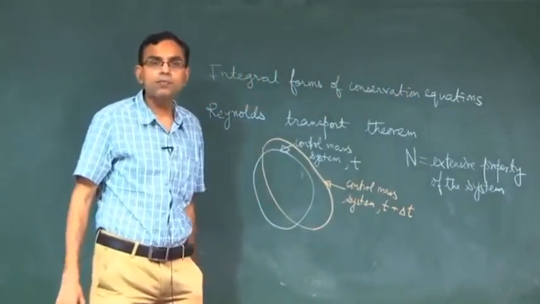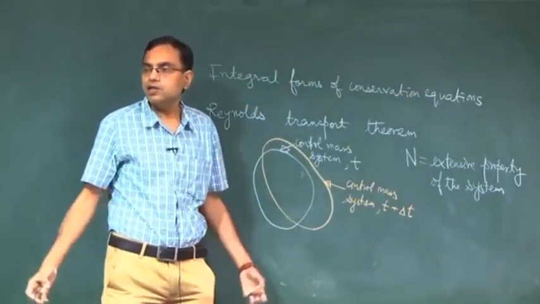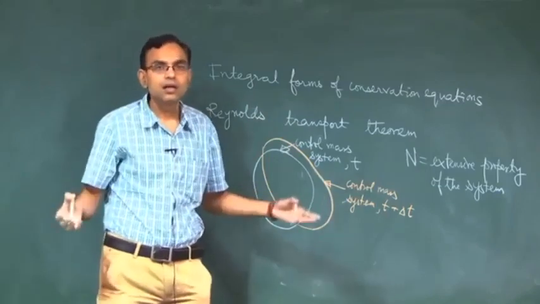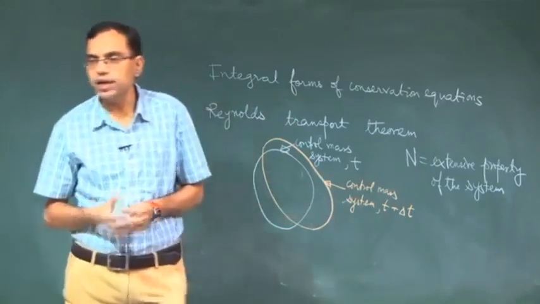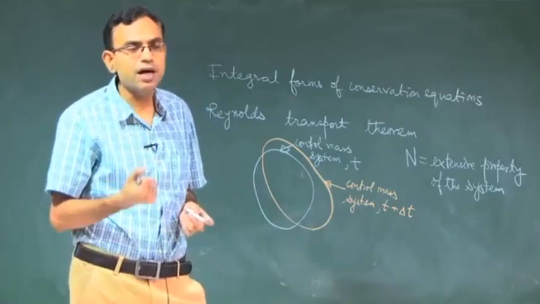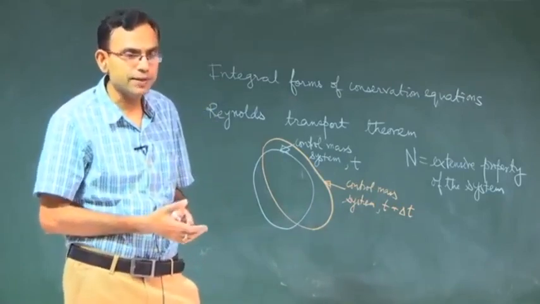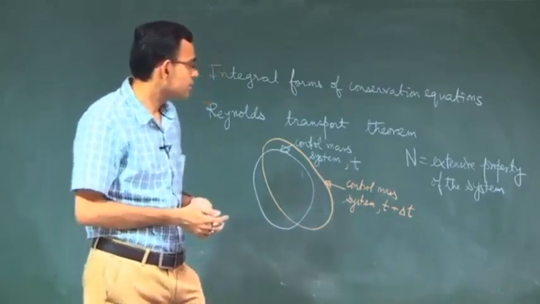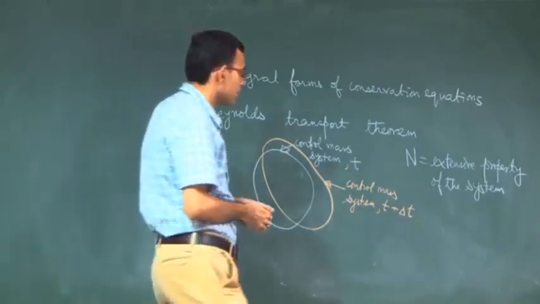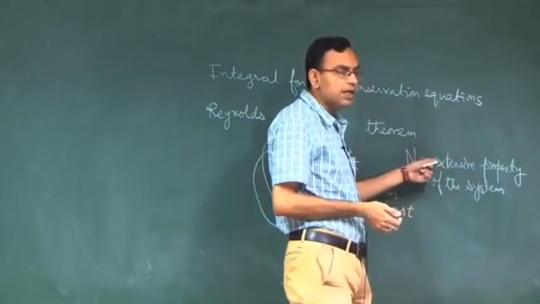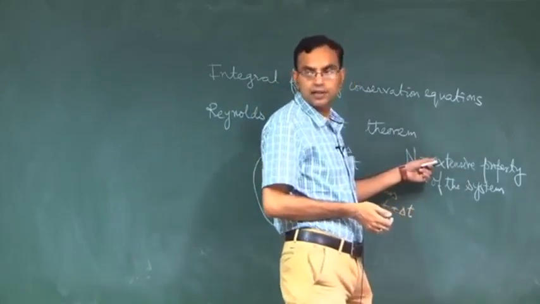Extensive property means a property that depends on the extent of the system, that is total mass dependent property. So extensive property per unit mass are normally called intensive properties or specific properties. Remember, this extensive property itself could be a scalar or a vector.